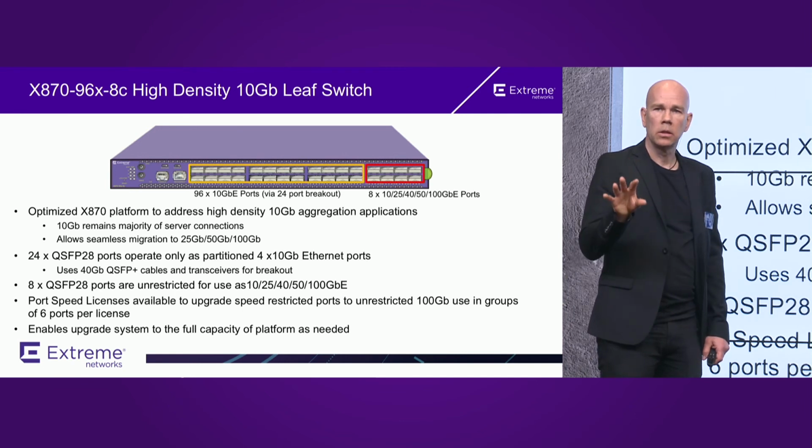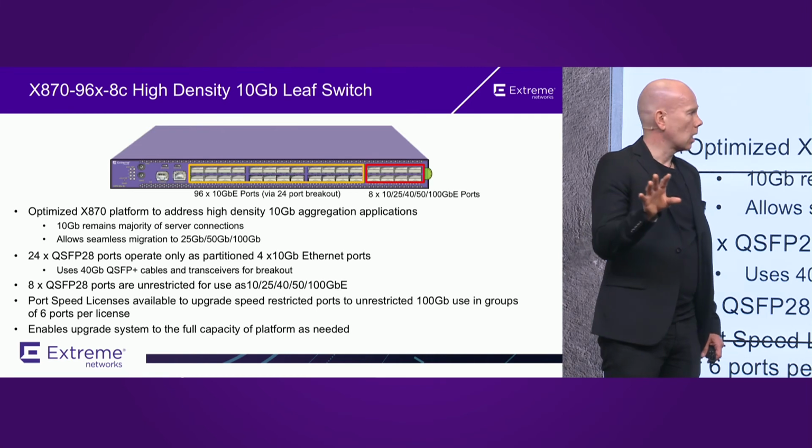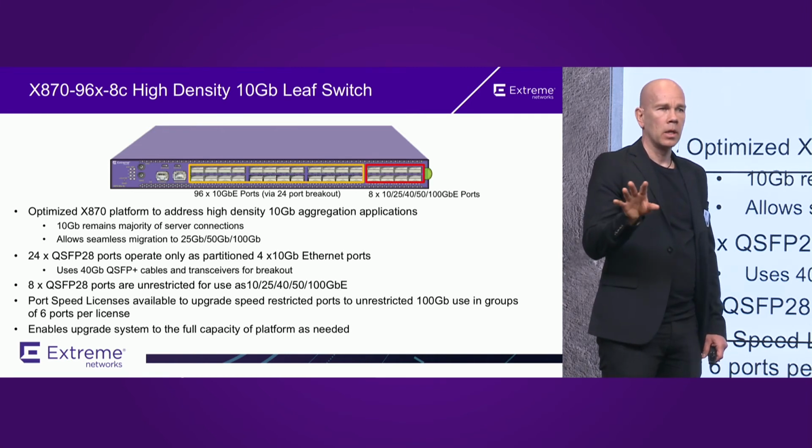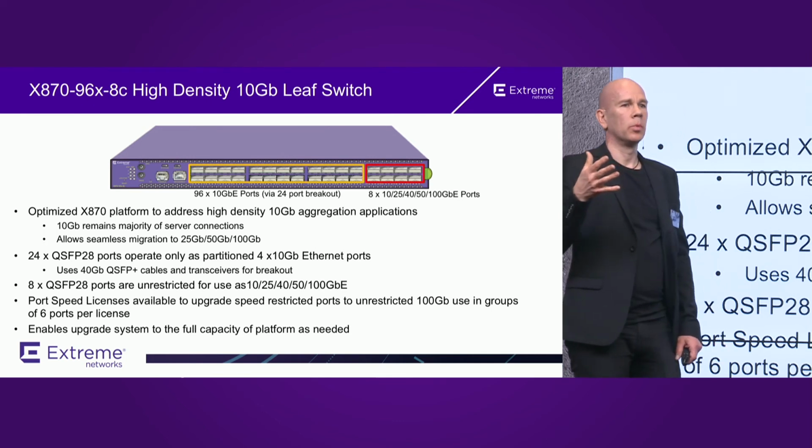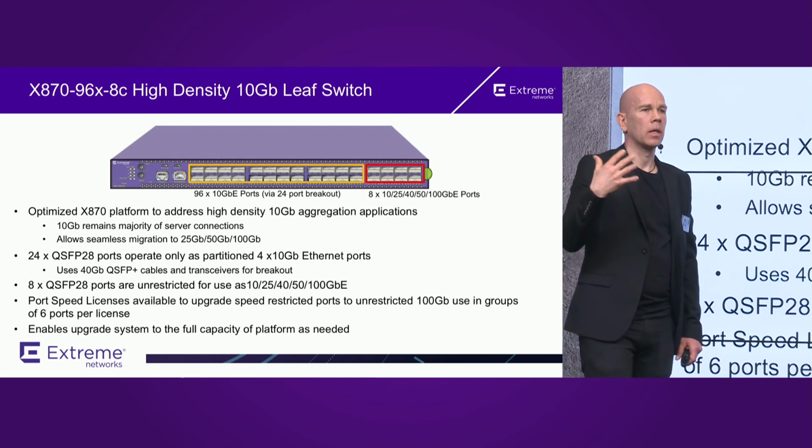Now, there's another SKU for this. This is exactly the same hardware, but this would allow you to actually start with only 8 100 gig ports, or 10, 25, 40, 50, 100 gig ports. And then the rest of the 24 ports would be with breakout cables, 10 gig connections. Now, you could then add, with the license, always 6 ports to be 100 gig capable.